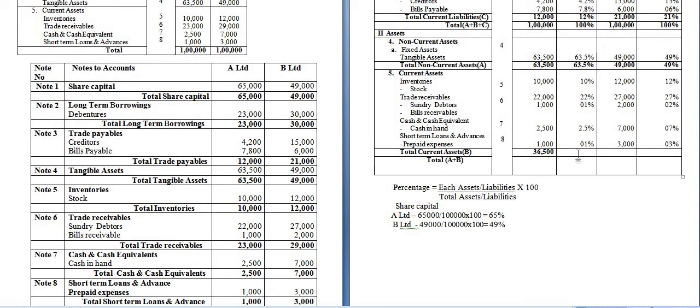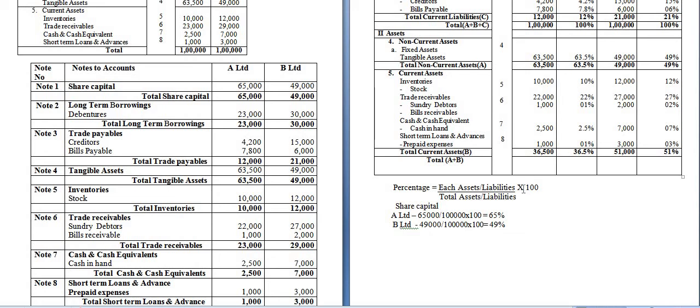Now percentage: 36,500 divided by 1 lakh into 100 is 36.5%. Okay. B Limited, it is 12,000 plus 27,000 plus 2,000 plus 7,000 plus 3,000. So total it is 51,000. And the percentage: 51,000 divided by 1 lakh into 100 is 51%.